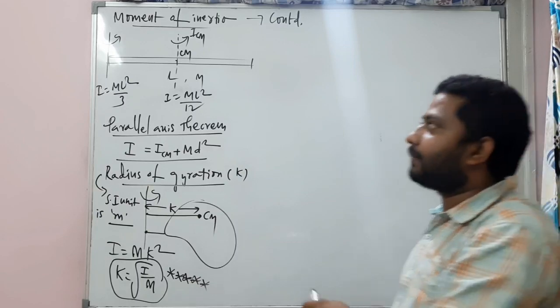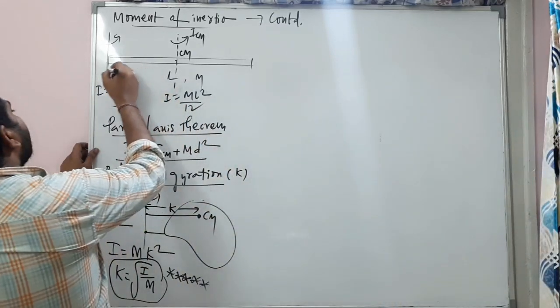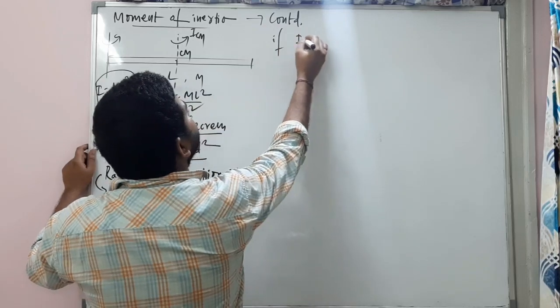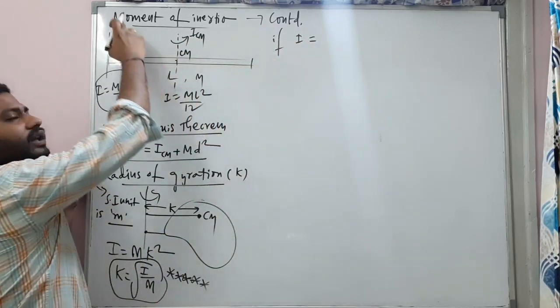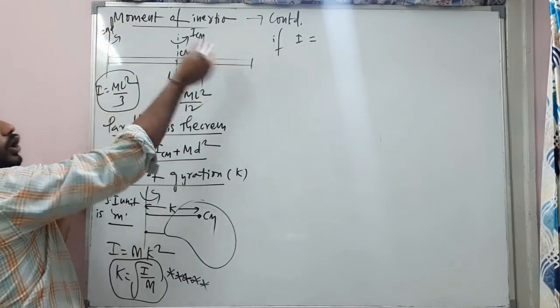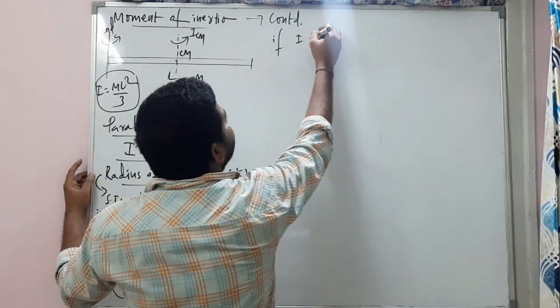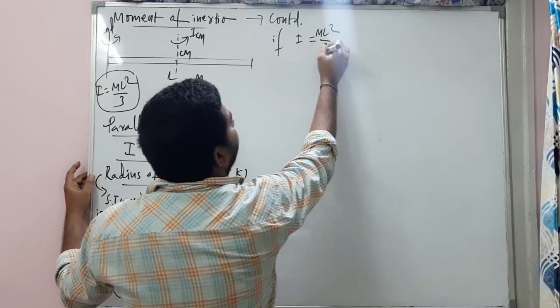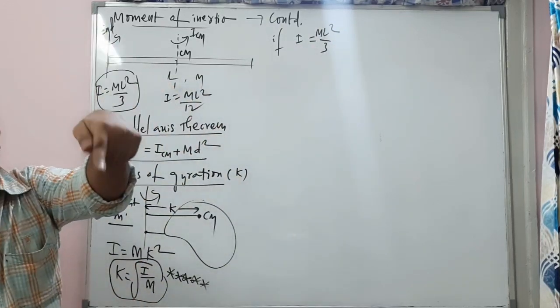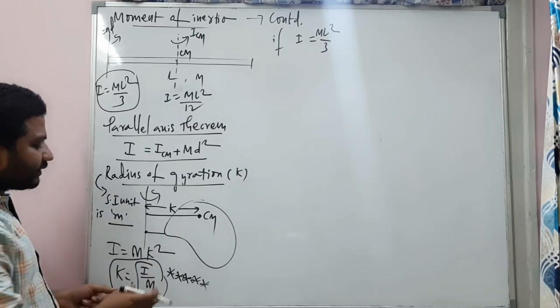Understand? So for example, take this case here. The moment of inertia of the rod about an axis of rotation passing through the end of the rod: I is equal to ML square by 3, we got. In this case, what is the radius of gyration?